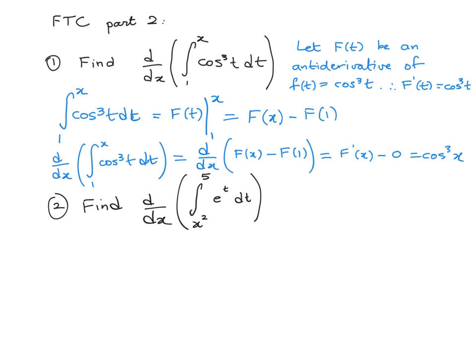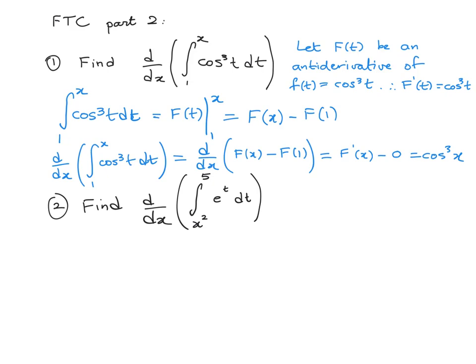So what did I do again? Well, I gave a name to the antiderivative of that inside function, keeping careful care of what variable I'm working with, and then making a statement that, okay, well, its derivative would be the function. Then I anti-differentiated, quote unquote, and got capital F of t from 1 to x, and I evaluated the two endpoints.